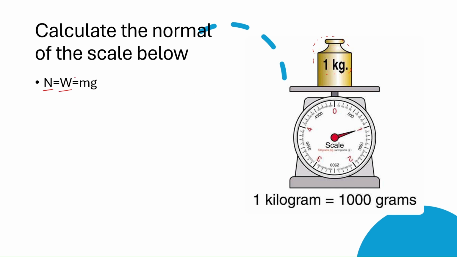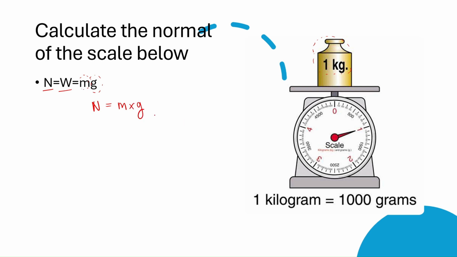But what is the weight actually equal to? As seen previously, weight is equal to mass multiplied by gravity. So we can conclude that the normal is equal to the mass multiplied by the gravity.